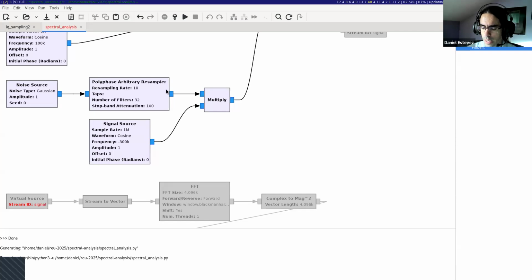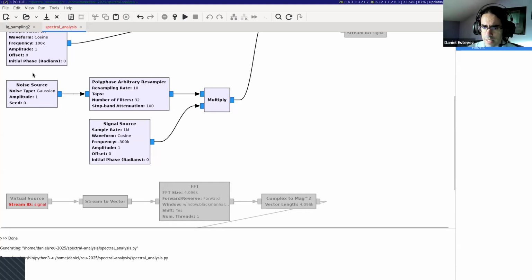spectrum. So you can think of the resulting spectrum, you divide it into 10 different pieces because you are interpolating by a factor of 10. In one of those pieces, you put your original signal. In the remaining 9 pieces, you put zeros, basically.